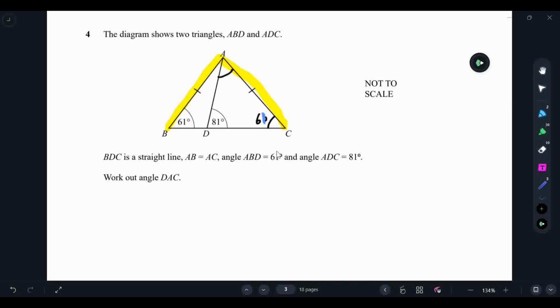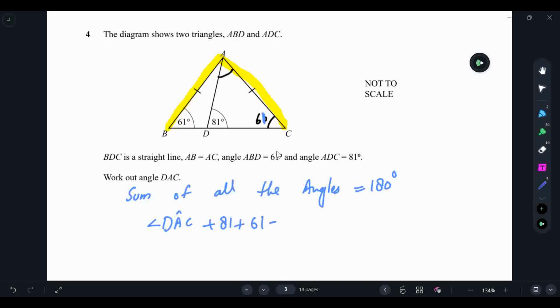We know that the sum of all the angles in a triangle is equal to 180 degrees. So it means that angle DAC plus 81 plus 61 should be equal to 180 degrees.